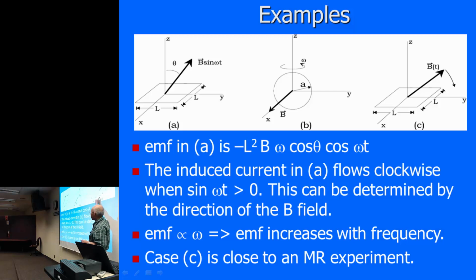This square loop is fixed. Just imagine that in the MRI design we are not rotating any coil. The coil is always fixed, but we are using the current to change the field. So that's why the last one is closer to the MRI experiment or measurement.